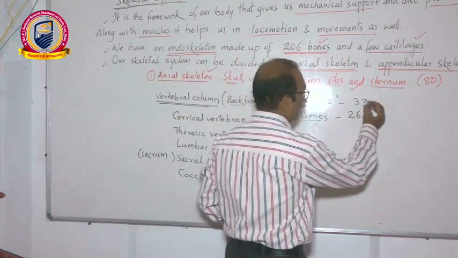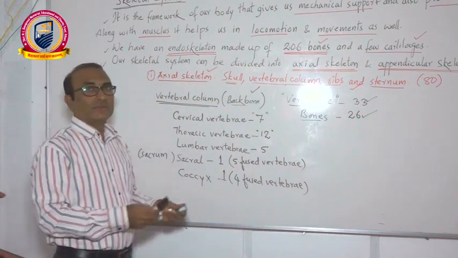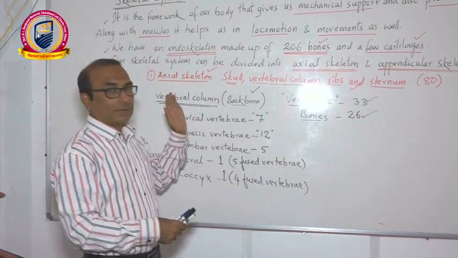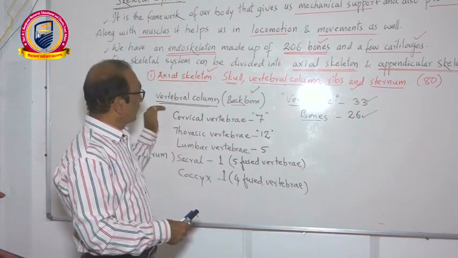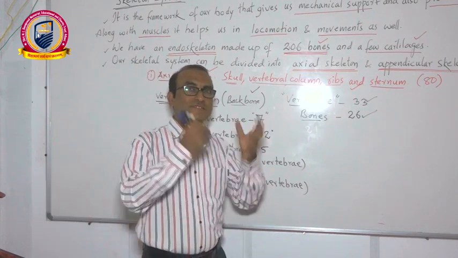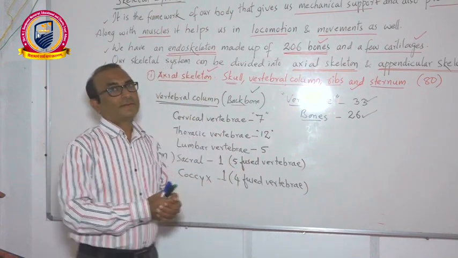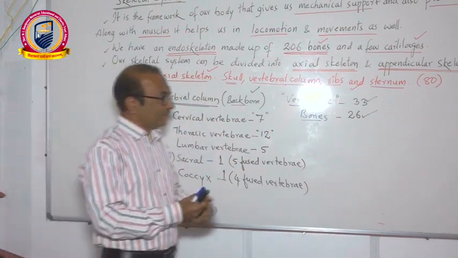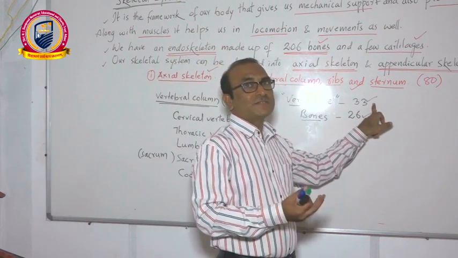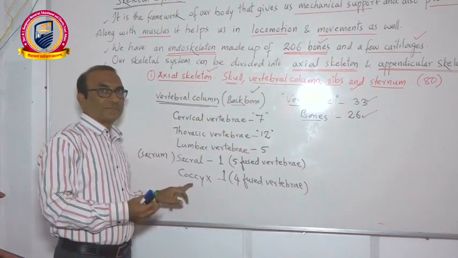Remember, sometimes in the multiple choice a question may appear that how many total bones are there in the vertebral column of a developing fetus. Can you tell me how many? Yes, exactly. It is 33 vertebrae, because in a developing fetus, these bones are not yet fused.